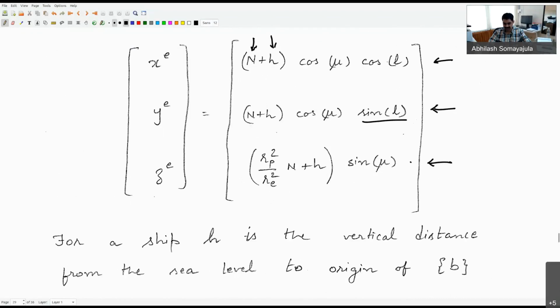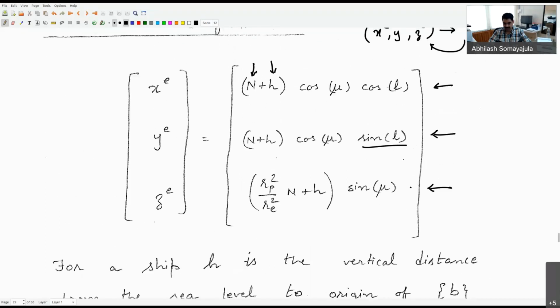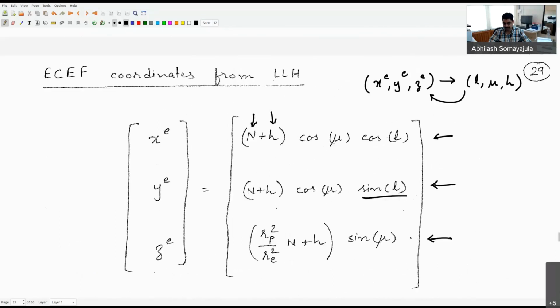Okay, is that clear up till here? Yes, no? If something is unclear, just tell me now. Is this part clear, how these formulas have come in?